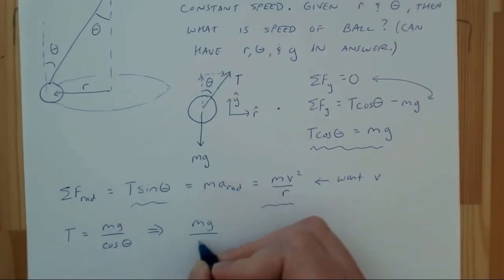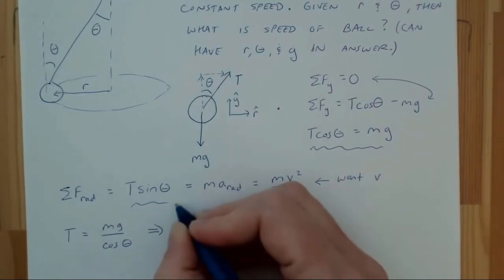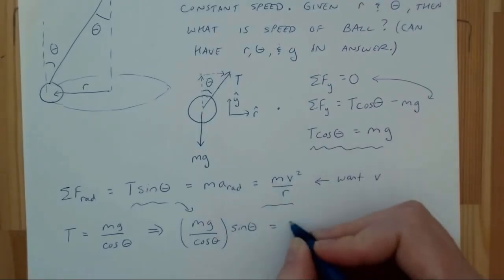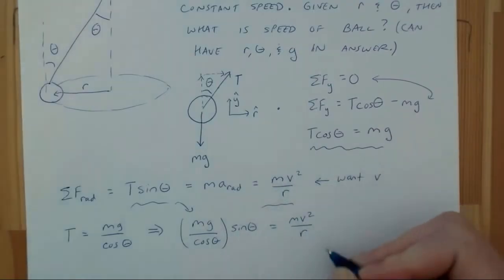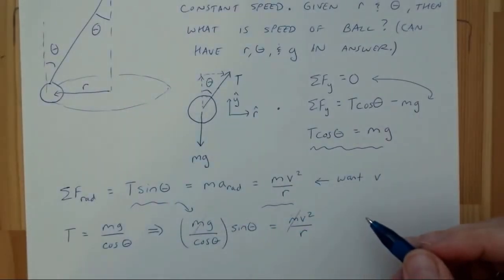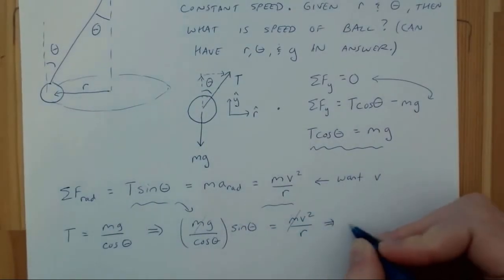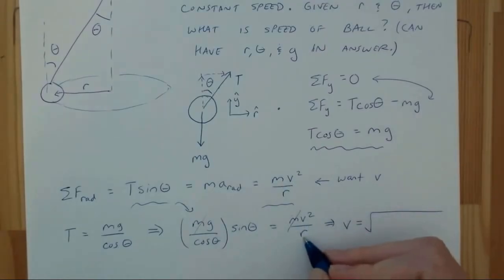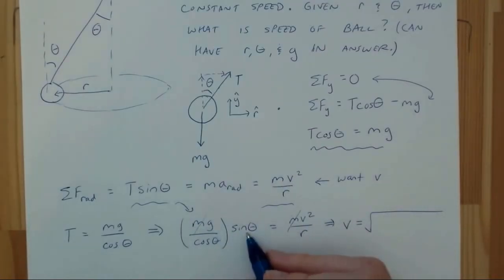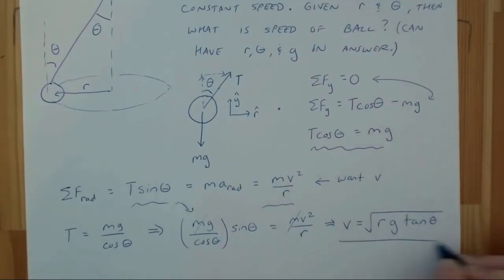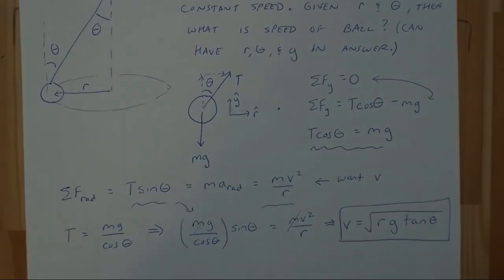So we can say mg divided by cosine theta times the sine of theta is going to be equal to mv squared over r. And now we're happy because our masses cancel out. And so we can solve this equation for our speed, which is going to be that v is equal to the square root of r times g times the tangent of theta. So r, g, tangent theta. And then that is our result.